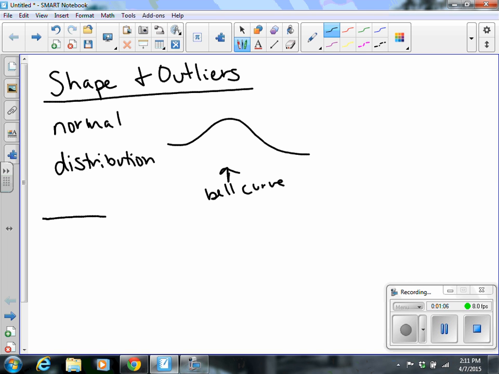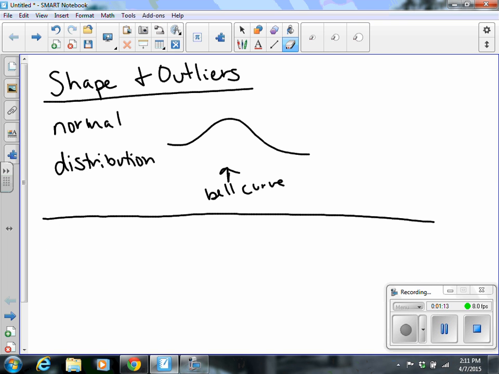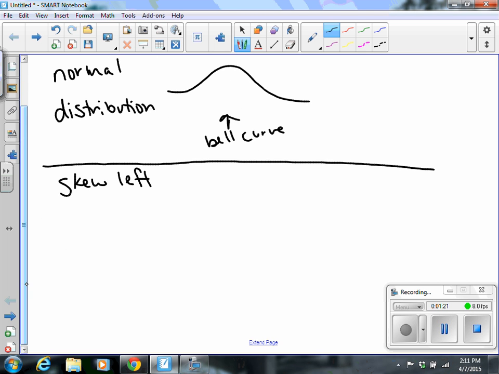Okay, then we have what's known as skew left and skew right. Skew left, most of our data is actually to the right. What the skew is referring to is the dead part.